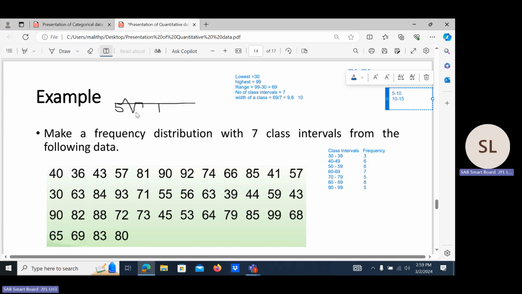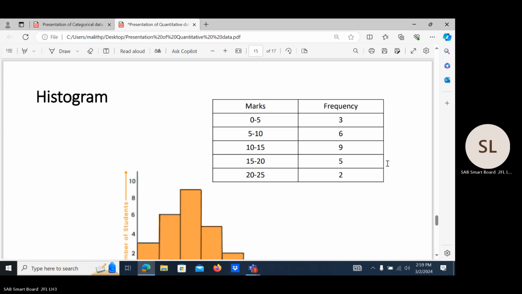If the starting point has a lengthier gap, we use the false line to summarize. These are very important things. Then we can draw the histogram.